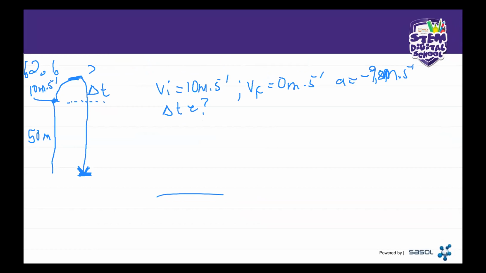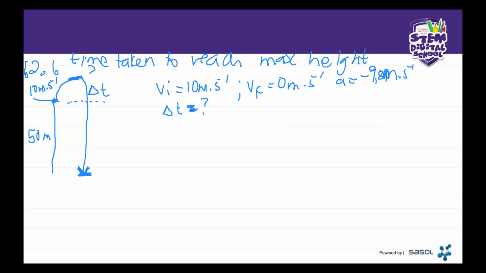So always read your questions many times, just like you see how easy it is for you to actually look for the wrong thing. If you're not sure, always go back to the question and check what it is that you're looking for. So here we are looking for the change in time.